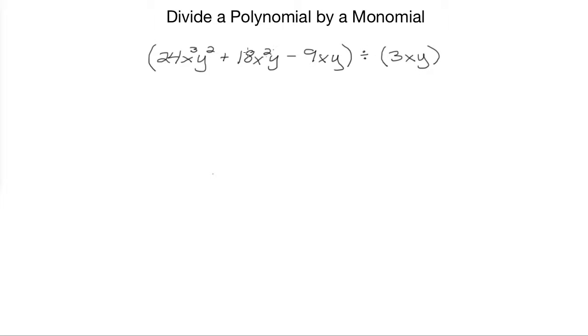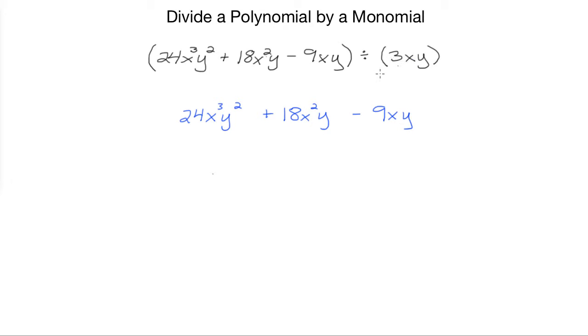So what I would do to set up the polynomial division, I'm actually going to rewrite the whole thing out here. So let's rewrite this. We got 24x^3y^2. I'm going to write the first polynomial just as it is, 18x^2y minus 9xy.